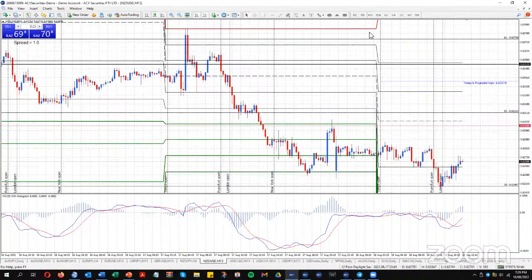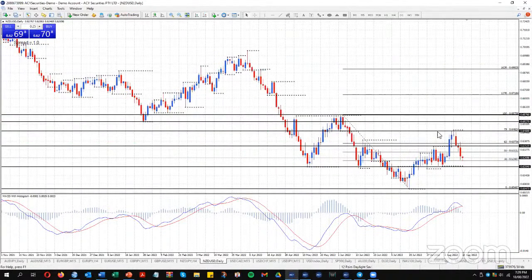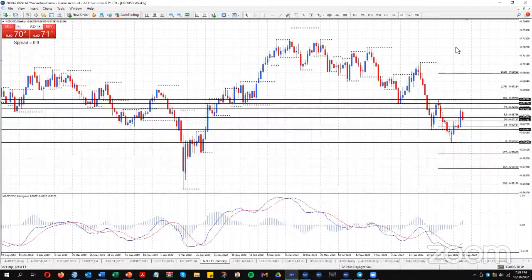New Zealand dollar. After the interest rate decision yesterday, very much like the Aussie dollar, let's go to the weekly. We've had this 79%. Went through the webinar on the 79%, but lots of pairs at the moment are showing the 79% pattern. On the weekly, this looks like railroad tracks failing at the 79% level to move down and lower.